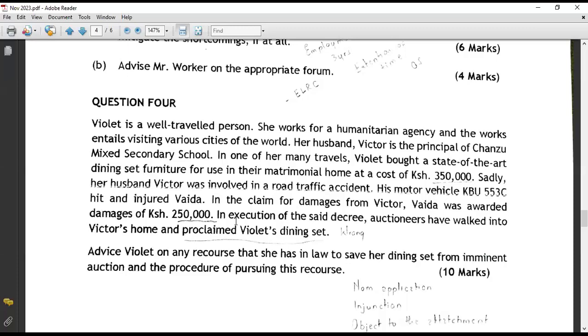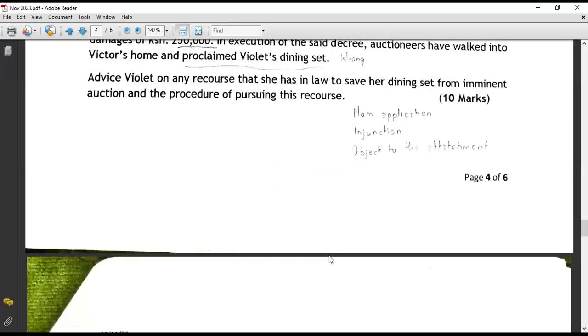The person is awarded 250,000. He cannot pay. Execution is ordered. Decree is issued and the execution is ordered. So the auctioneer attached that sofa set. So Violet, does she have any recourse? So that is what the question is asking you.